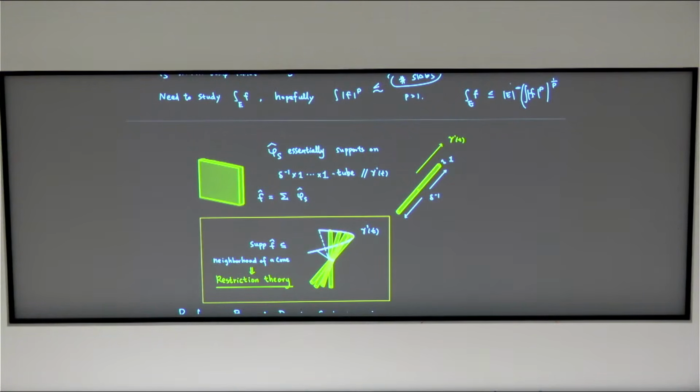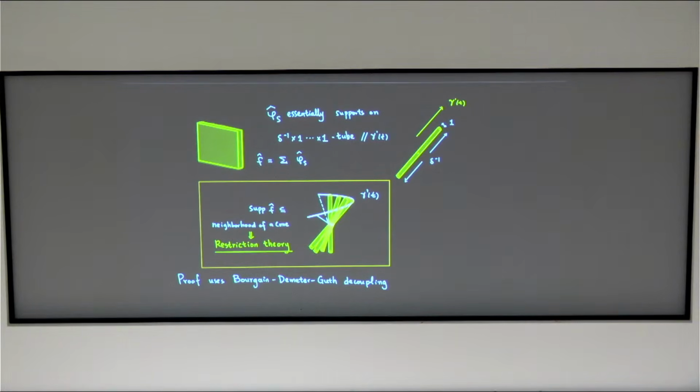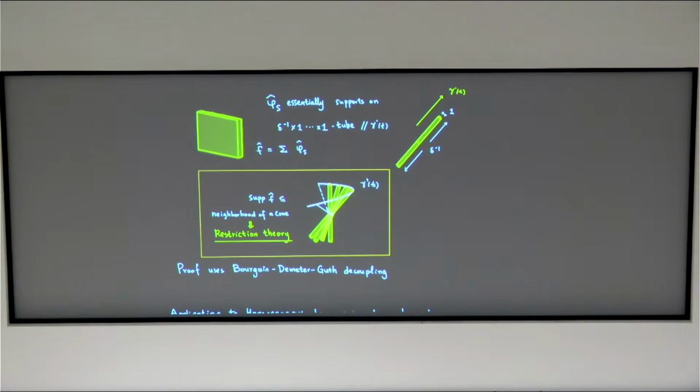So the overlap is larger, and it's harder to exploit the curvature. So in order to do the proof rigorously, one needs to decompose into high frequency and low frequency. That's where the word high-low comes from. But at least I hope you can see that the union of those Fourier supports looks similar to a neighborhood of a cone. That inspires us to apply restriction theory.